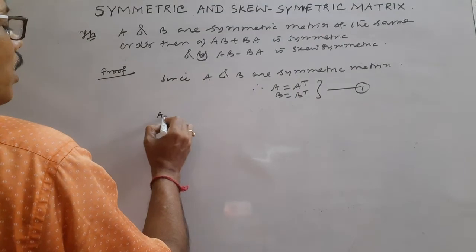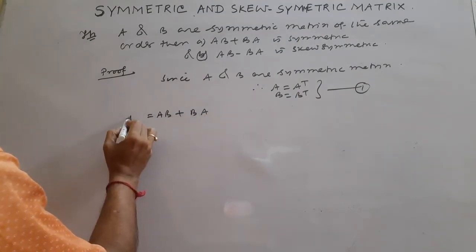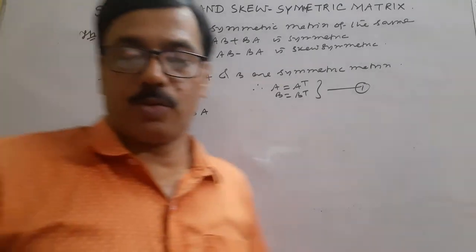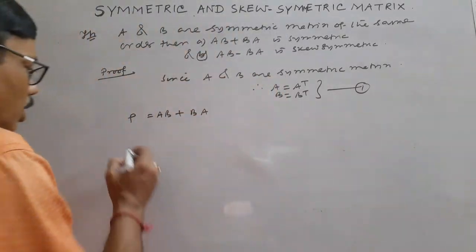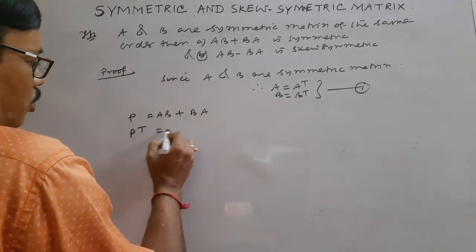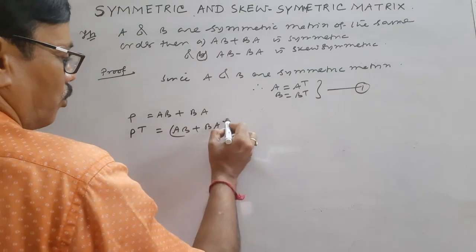Now you have to prove AB plus BA is symmetric. Suppose this matrix is P. We have to prove P equals P transpose. So P transpose is AB plus BA, total transpose.